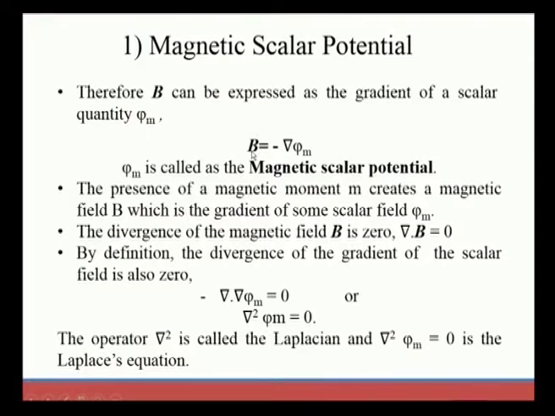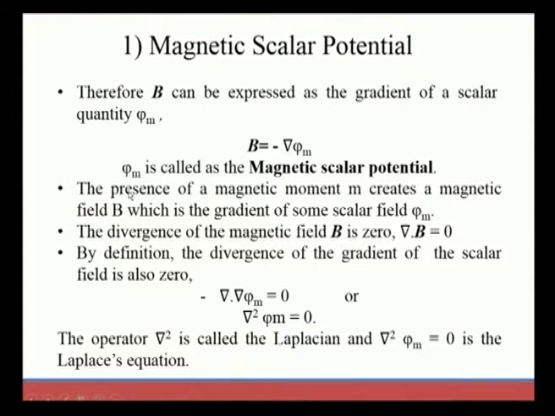Therefore, B is equal to minus del phi m, where phi m is called the magnetic scalar potential.